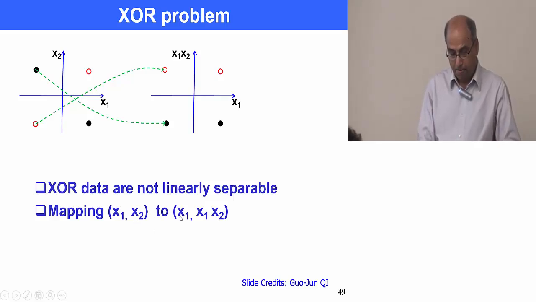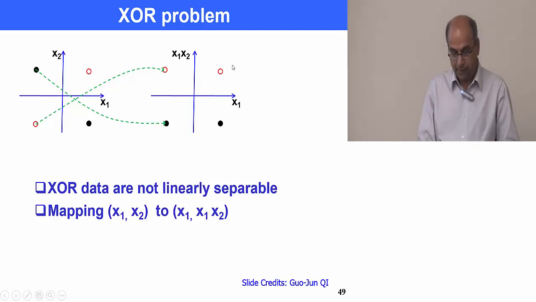The first part of that vector is x1, and the second part is the multiplication of these. Now if you apply this mapping, phi, to these points, they look like that, because as you know, this point and this point will come here.